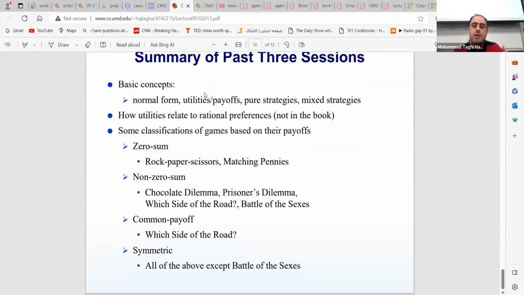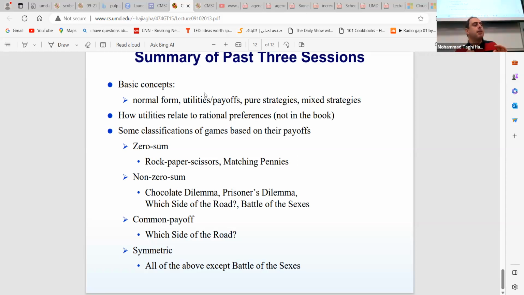And then we talked about some motivations for the games, and in particular some important classes of problems like zero-sum games, non-zero-sum games, common payoff games, and symmetric games. And last but not least, we talked about utility.